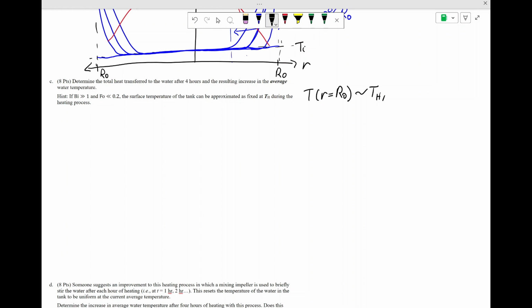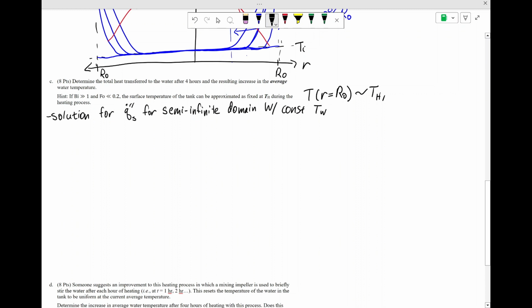So then we can use a solution that was listed in the class notes and the textbook for the transient heat flux at the surface for a semi-infinite problem with a constant wall temperature.